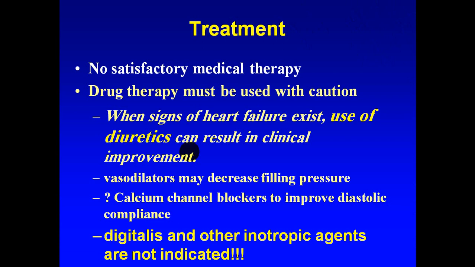Drug therapy must be used with caution when signs of heart failure exist. Use of diuretics can result in a clinical improvement. Vasodilators may decrease filling pressure. Calcium channel blockers may improve diastolic compliance. Digitalis and other inotropic agents are not indicated.